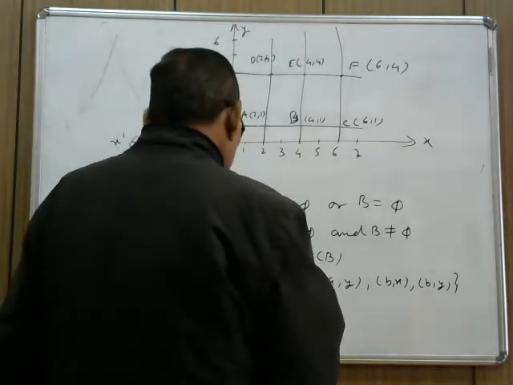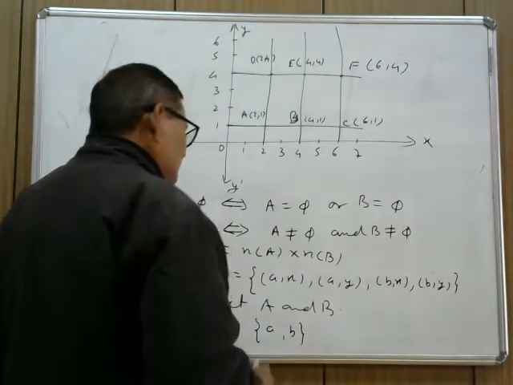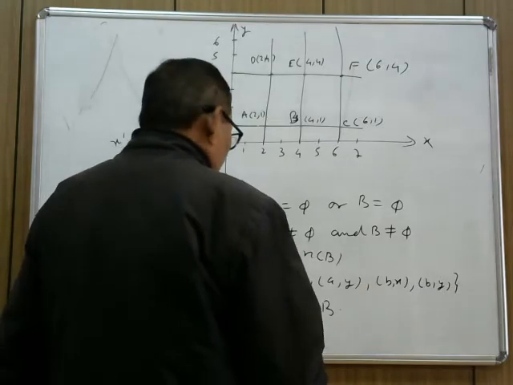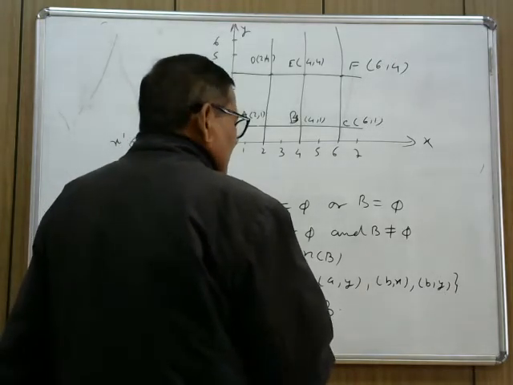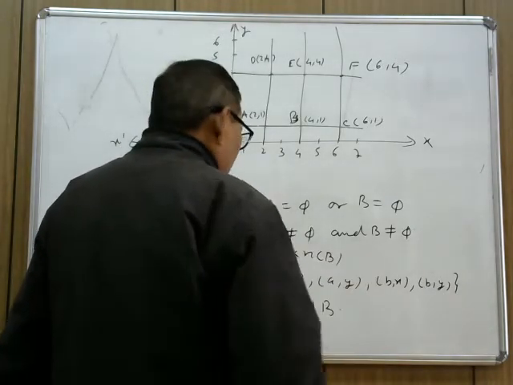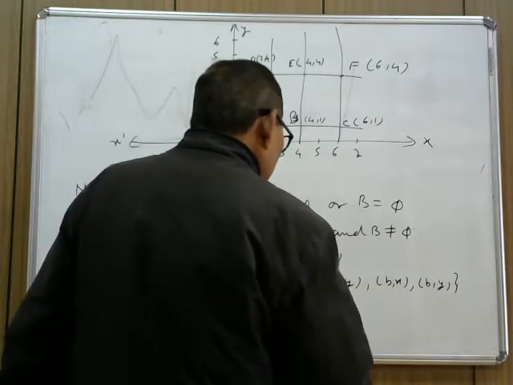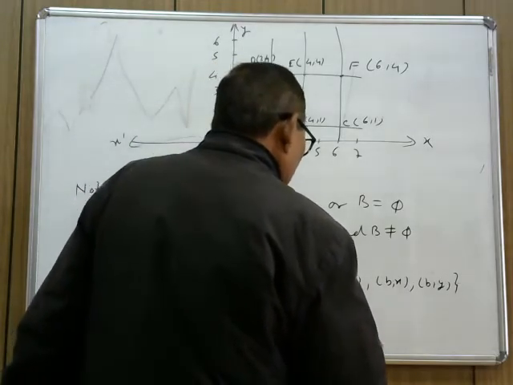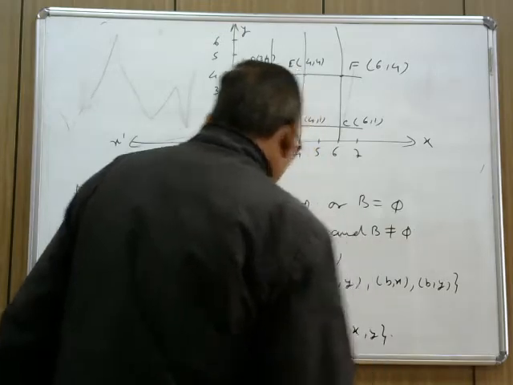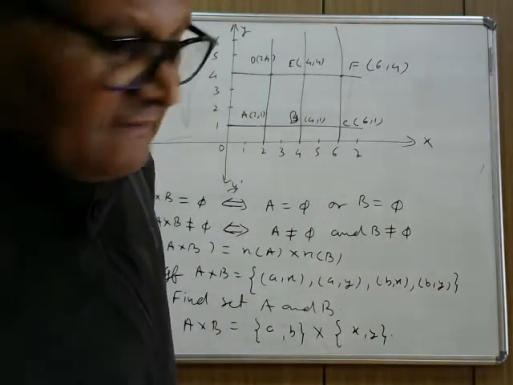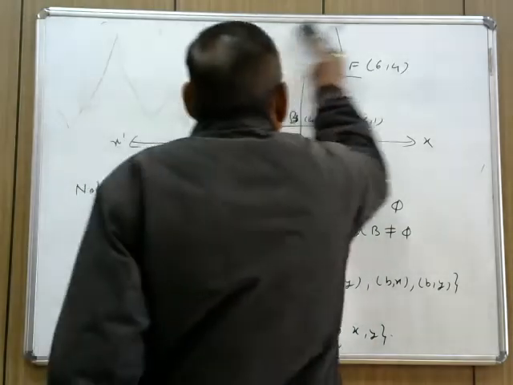So this is the Cartesian product of two sets. One is the set A, which is obtained by collecting the first elements, {a, b} cross {x, y}. So when you compare both sides, you obtain the sets A and B.